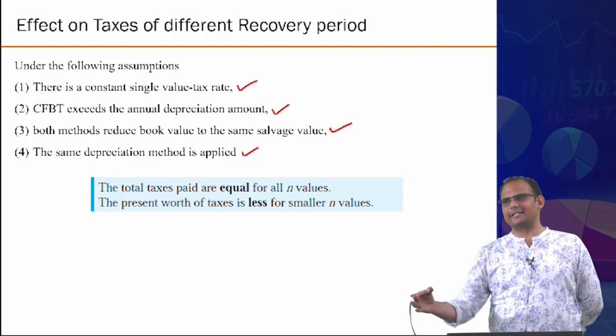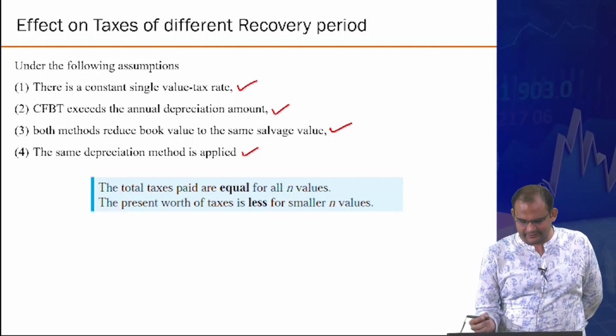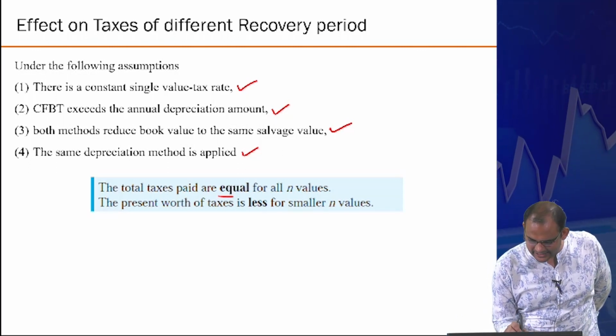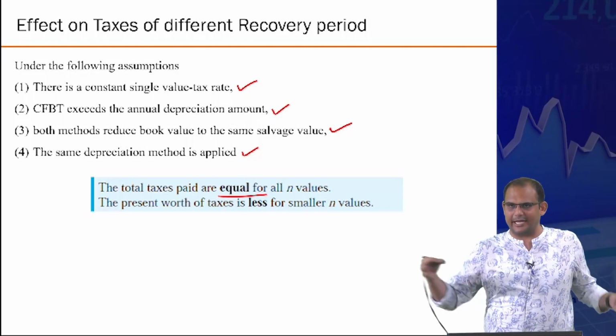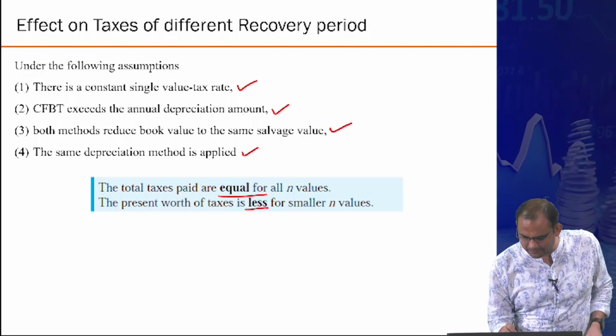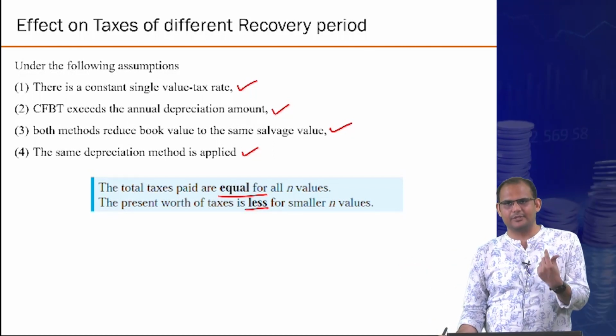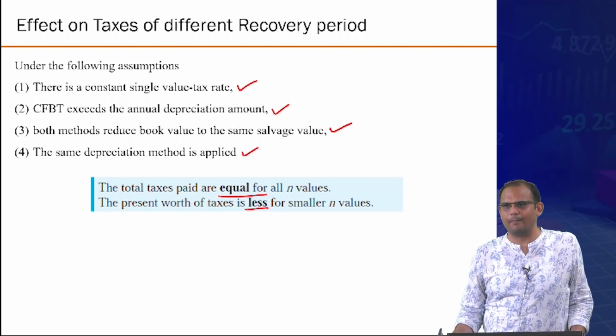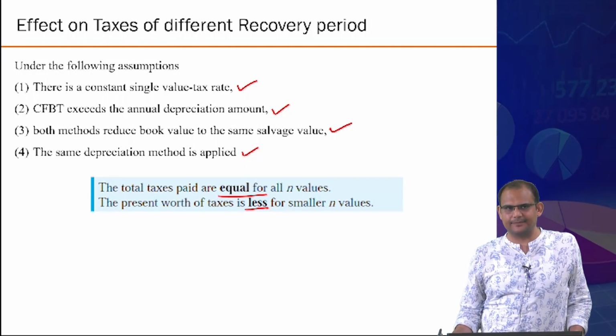With all these conditions, the total taxes paid are equal for the entire life, but the present worth is smaller for the shorter tax life. Okay, make sense?